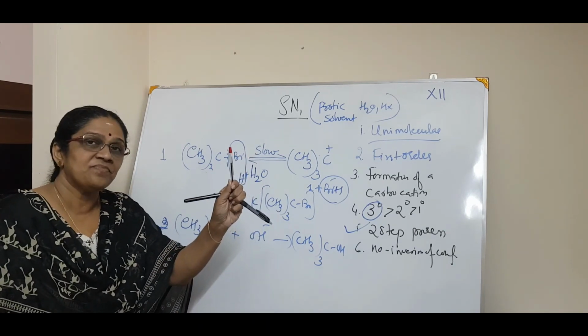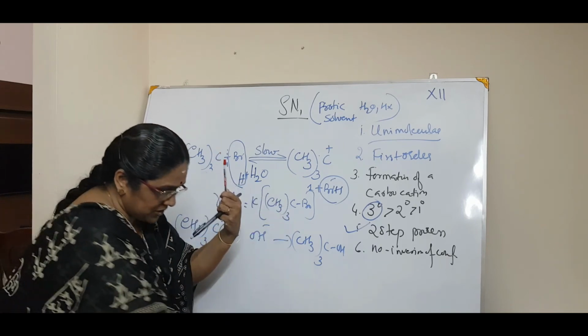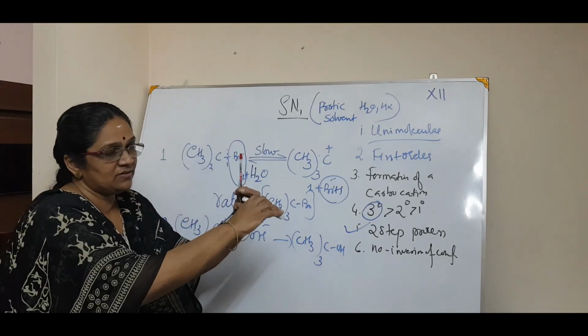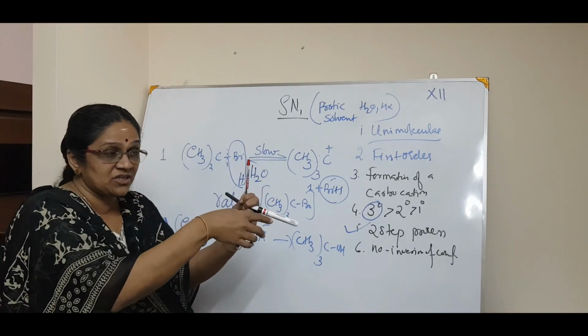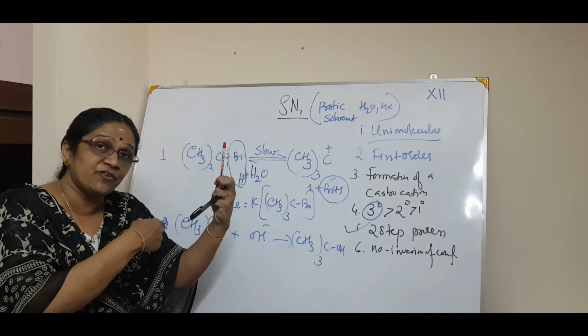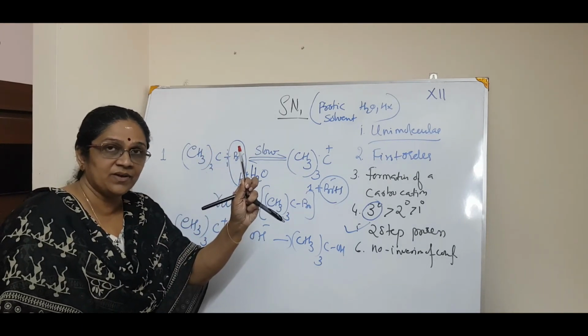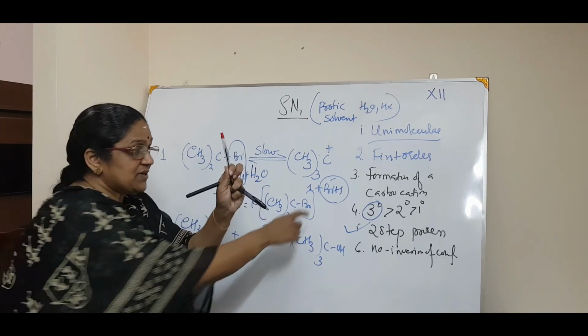See, that is the beauty of this mechanism. This tetrahedral structure is converted into a 120 degree planar structure. 109 degree 28 minutes is converted to 120 degree, in the plane. That is the first step.